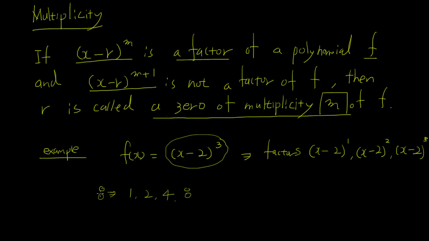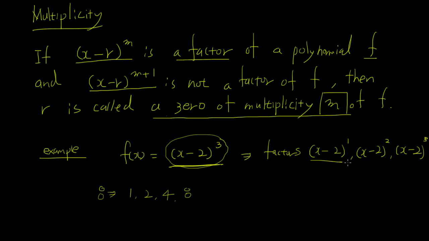Nothing. If you divide 8 by 2, what's the remainder? Nothing. If you divide 8 by 4, nothing, and so forth. So when you have this original function, if you divide it by x minus 2, of course you will have no remainder. And that goes the same for x squared, x to the third. So that's what they're saying.